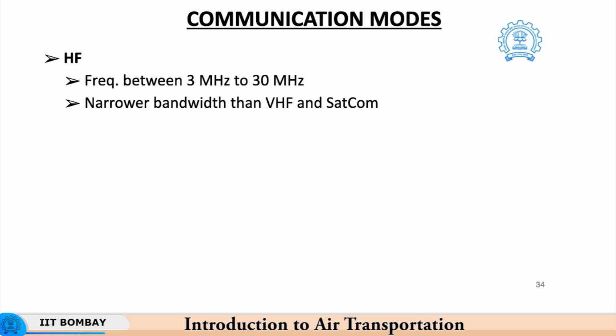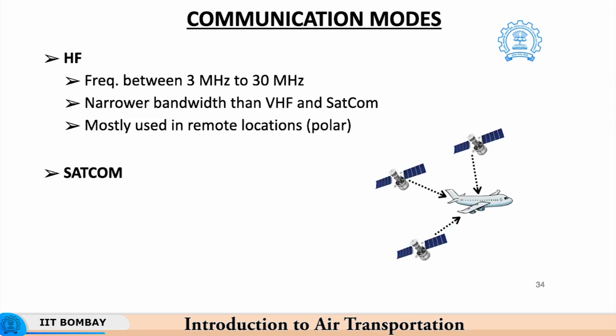However, because of this narrow bandwidth, the interference with other types of communication mode is drastically reduced. As I mentioned, these are mostly used in remote locations, that is across the polar region. The third type of communication mode that is globally implemented is called satellite communication.